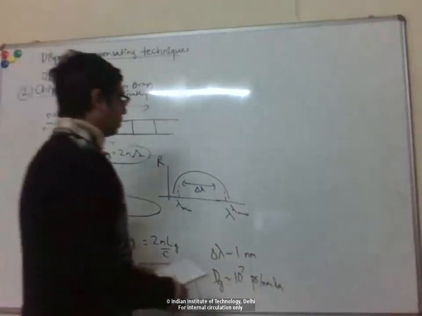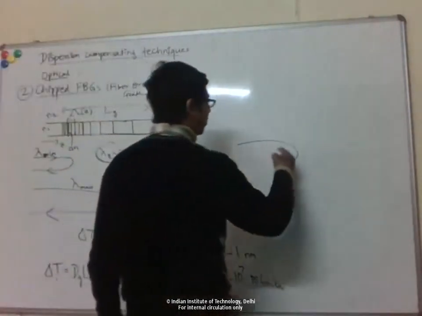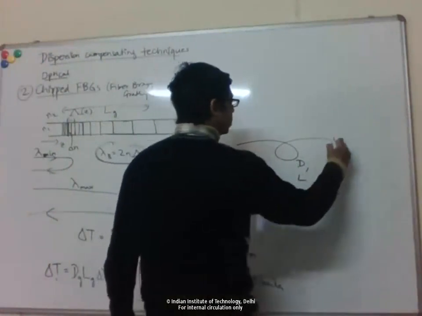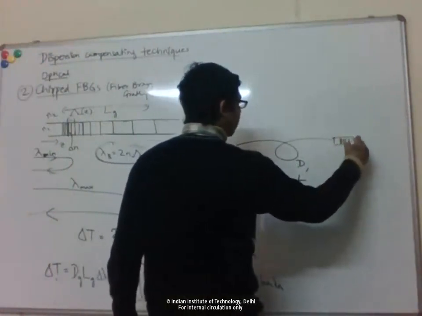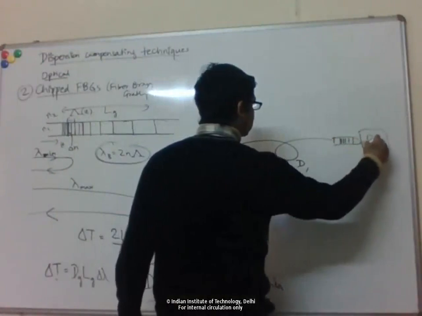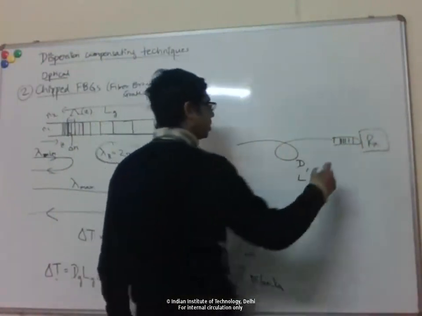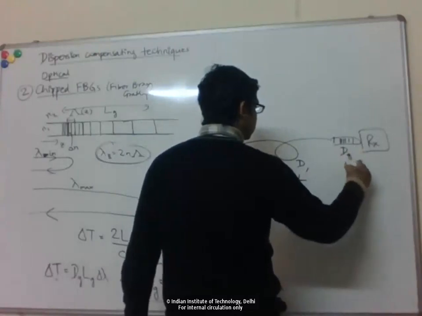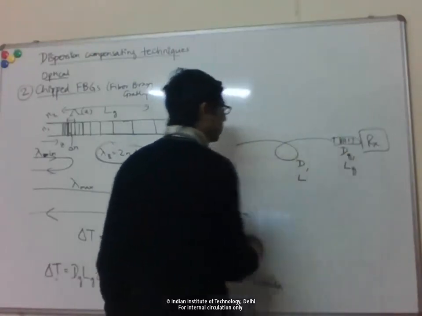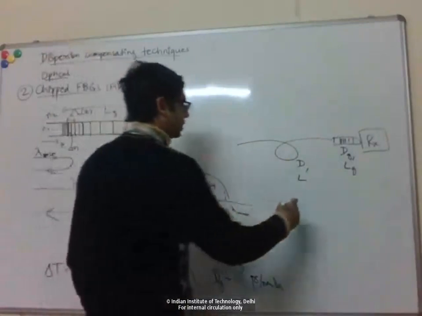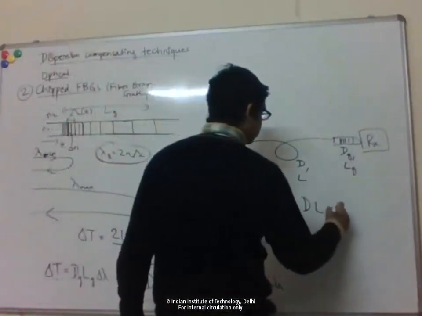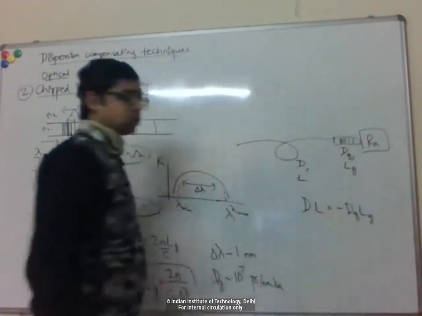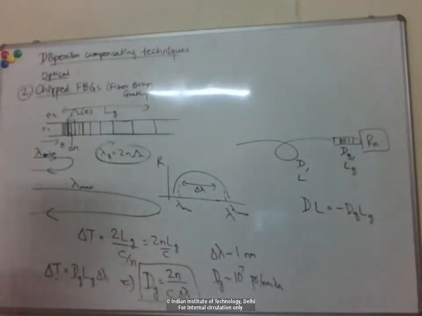And now again, to compensate for dispersion, if you have some length of fiber here with dispersion coefficient D and length L, we put a chirped fiber grating here before the receiver, and if this has parameters Dg and length of the grating Lg, right? So again, the same condition: if D times L is the negative of Dg times Lg, then I'll be able to compensate for the dispersion.